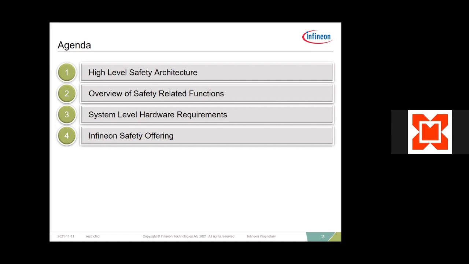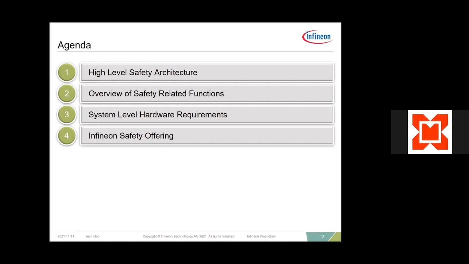Then we will move on to system level hardware requirements. When we say the MCU is developed as a safety element out of context, we make assumptions on the system design and requirements, right? Because it's not intended for any specific application. So we also make some assumptions which the system integrator has to implement in a scenario where the MCU is completely non-responsive, right?